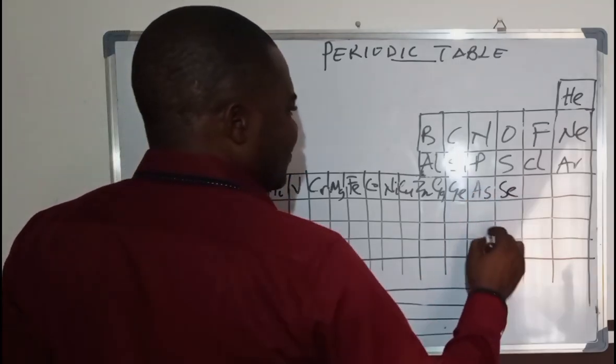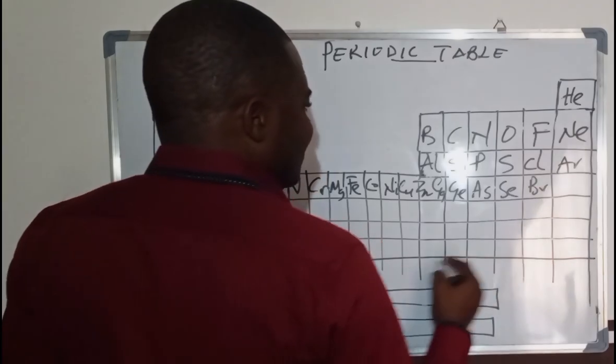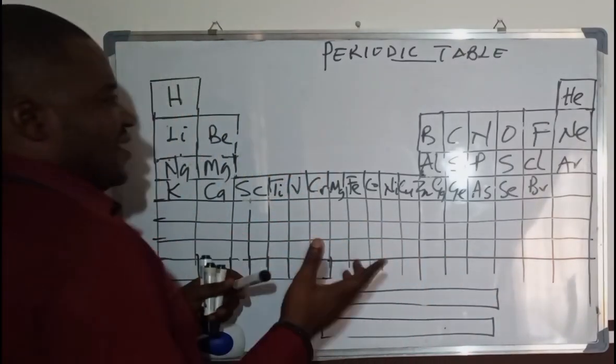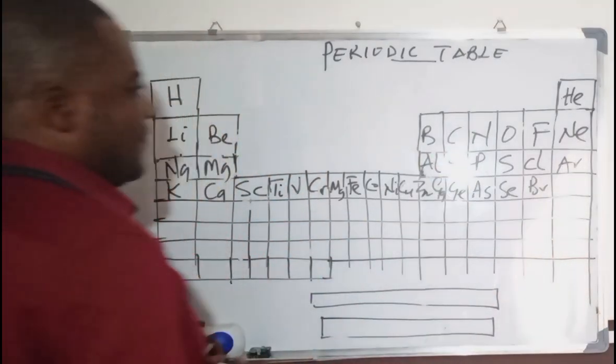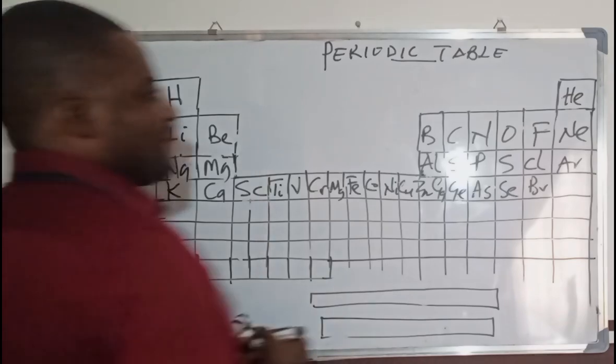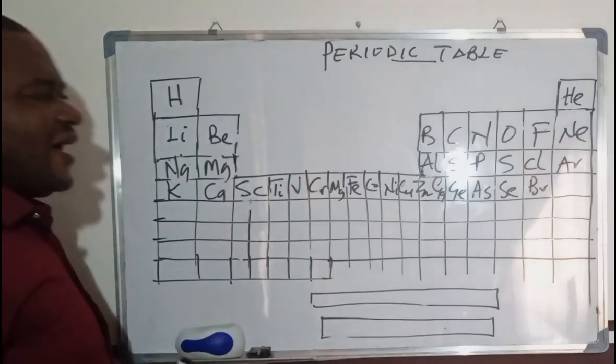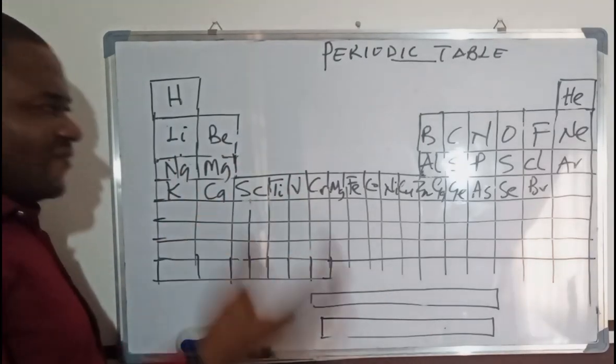Okay, we have selenium, and then we have bromine, and then here at the end we have another type of noble gas. All right, so we have them, okay, over and over.